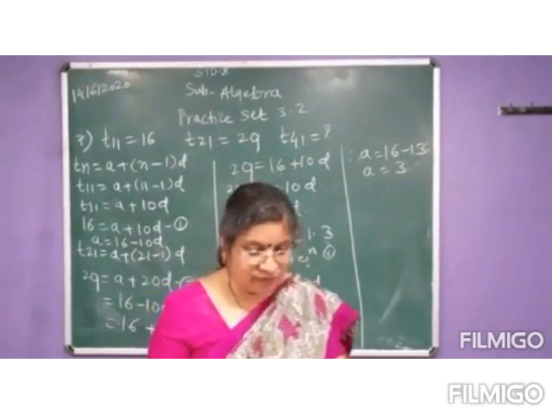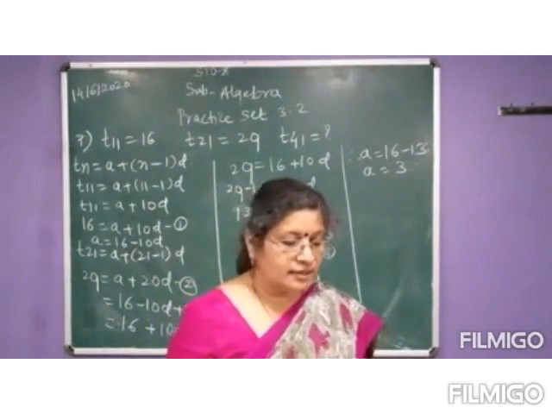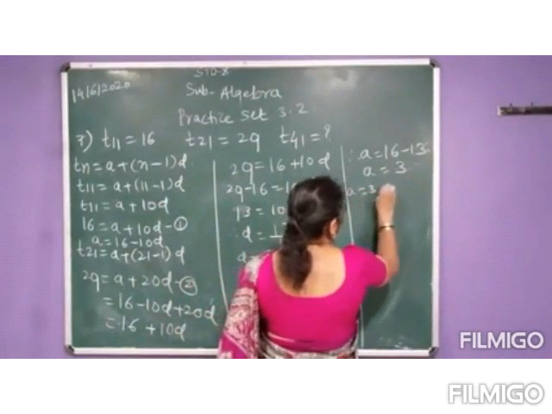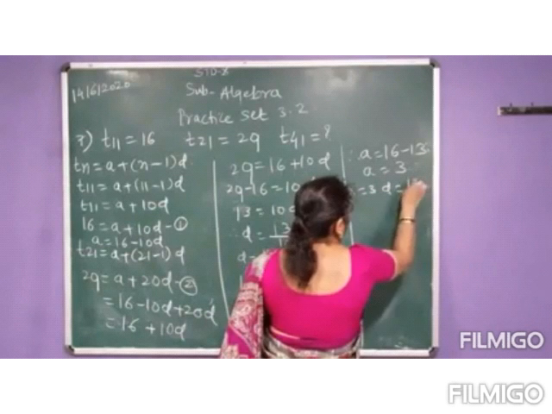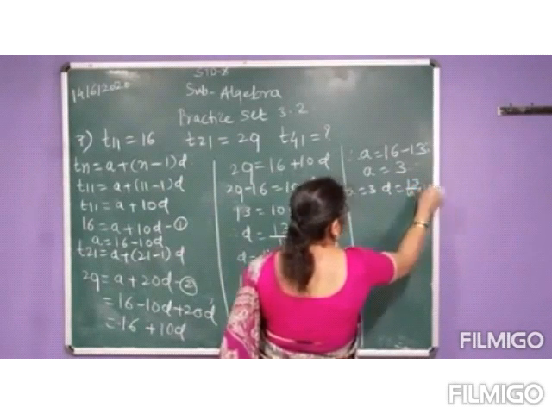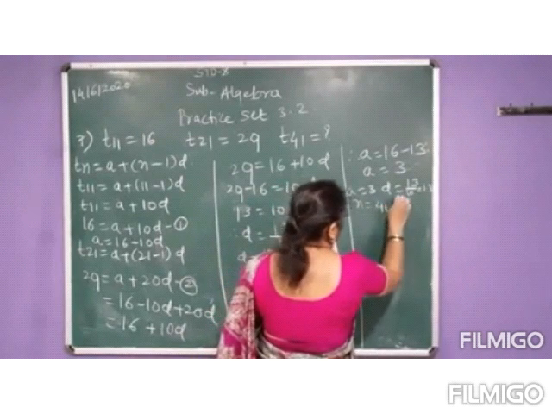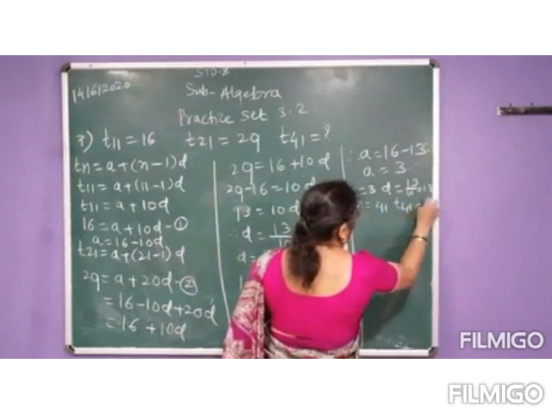Now what you have to find out is the value of T41. So A is 3, D is 13 upon 10 or you can take 1.3. N is 41. T41 you have to find out.